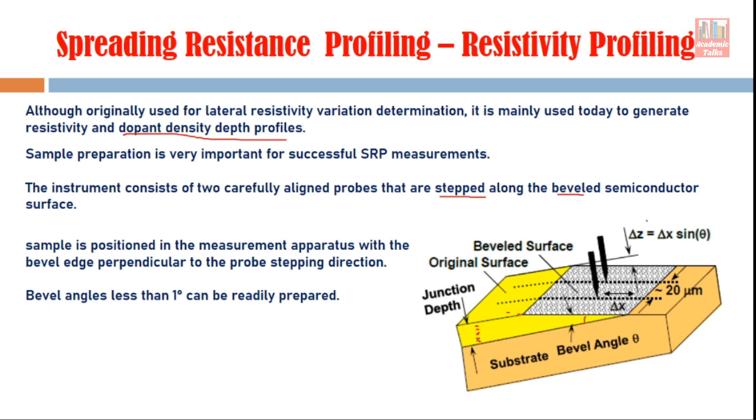So that kind of arrangement is there. This sample is tilted by 1 degree, so the probes move horizontally, but because this part is a sloped part, effectively this horizontal movement is converted into vertical movement.